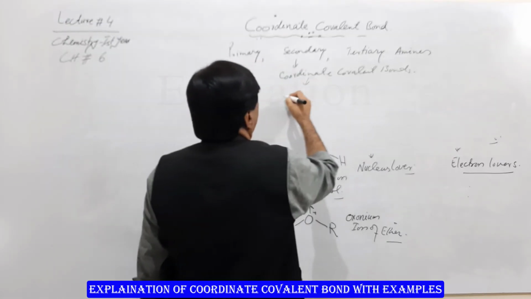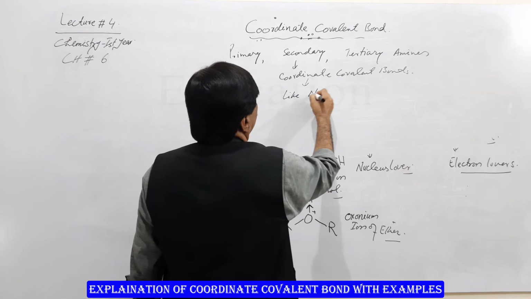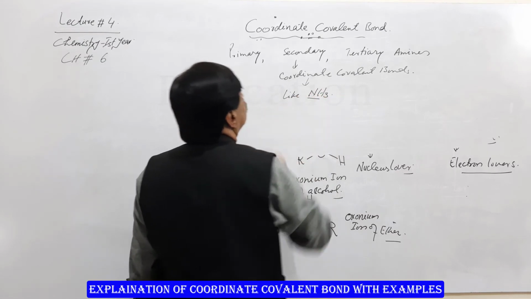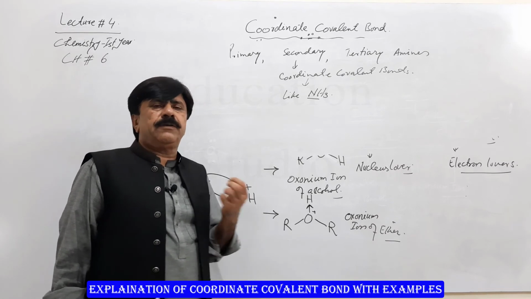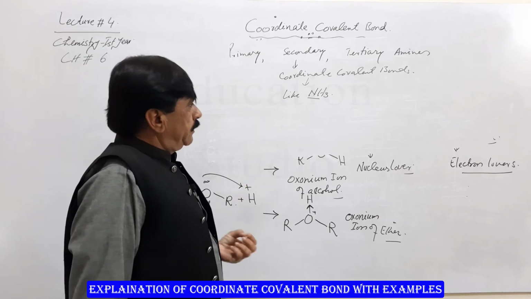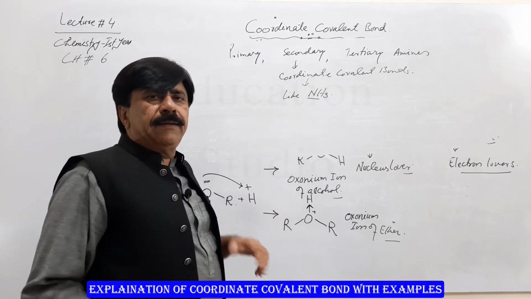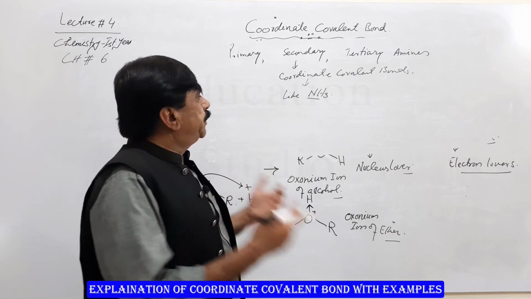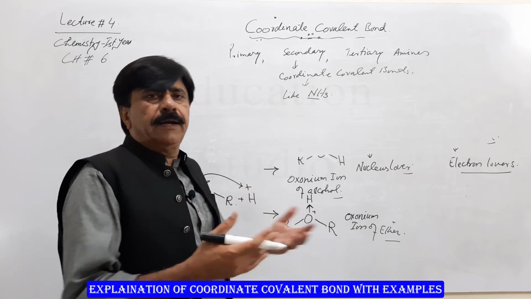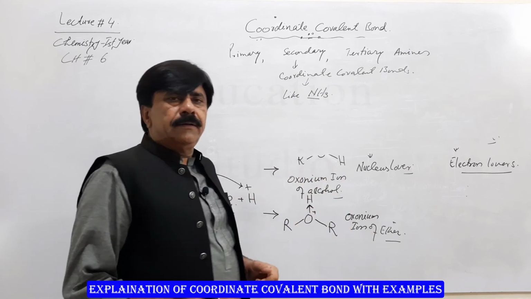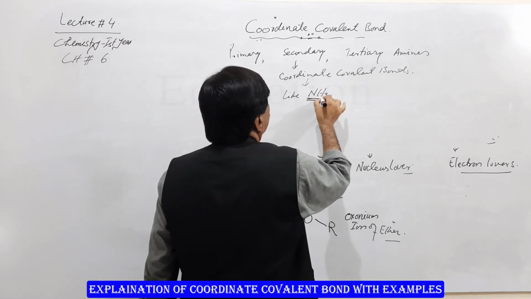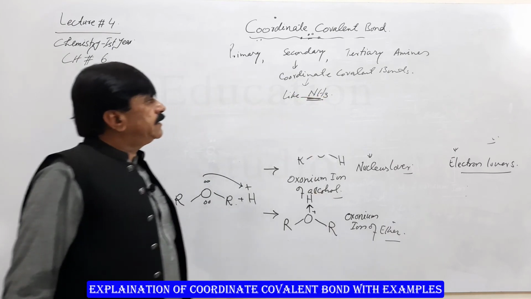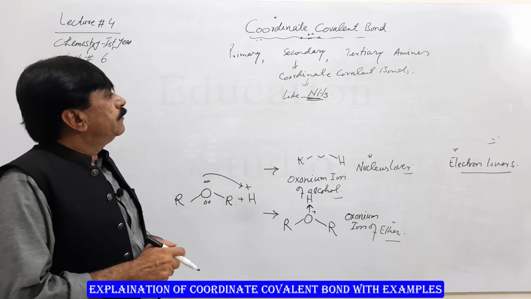How? Like ammonia. The nitrogen has an electron pair, two electrons, which is termed as the lone pair, and that lone pair is shared towards the other ion, forming ammonium ions.